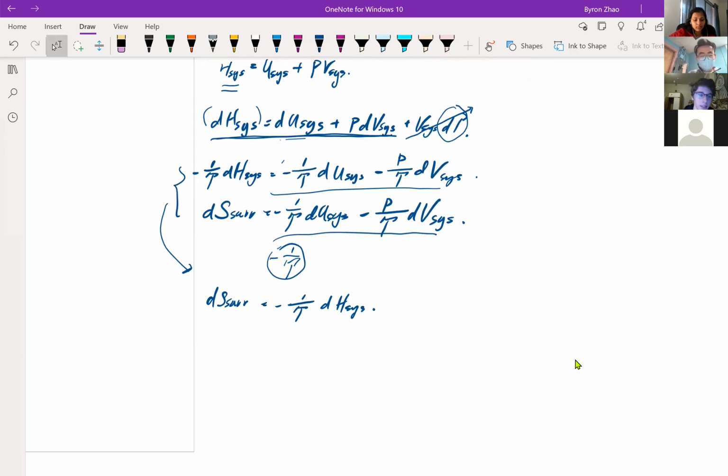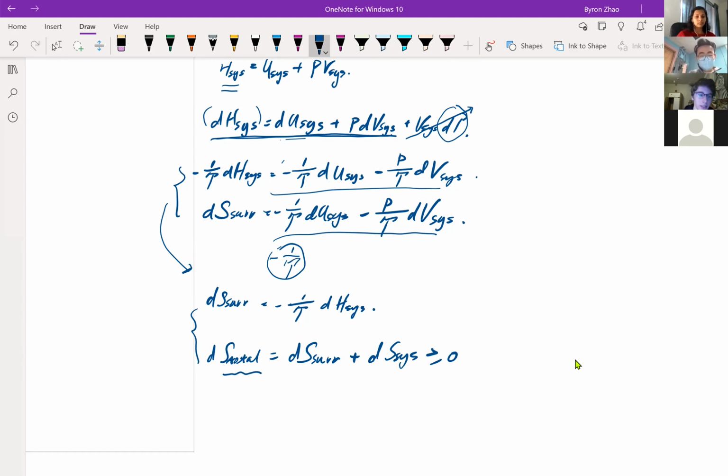I also want to remind you that we define a spontaneous change as the total entropy being greater than or equal to 0, right? But we can write the total entropy as the change in entropy of the surrounding, dS surrounding, plus the change in entropy of your system, and this will be greater than or equal to 0.